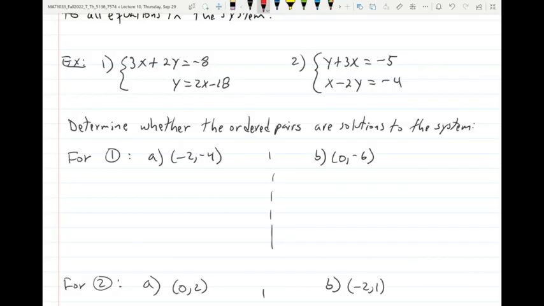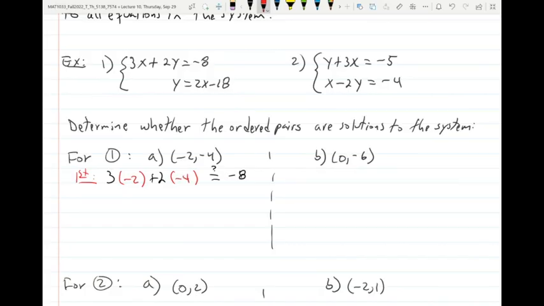So for equation 1, we have 3. It's always good to put parentheses when you are plugging in. And then we're just wondering, is this equal to -8? So x is -2, and y is -4.